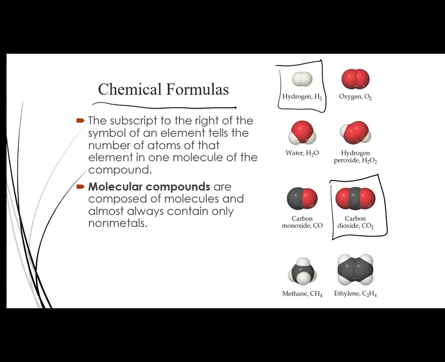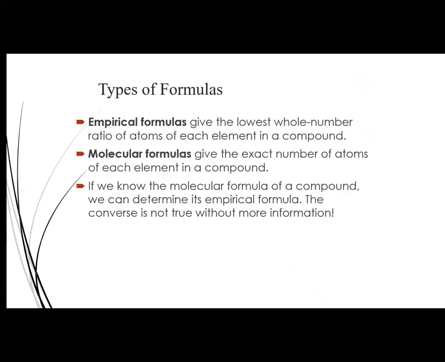We're giving their kind of recipe to make their molecule. So the types of chemical formulas that we have is two. One of them is going to be called an empirical formula, and the second one is going to be called the molecular formula. The molecular formula tells us the exact number of atoms that you need to make that one set of your team.